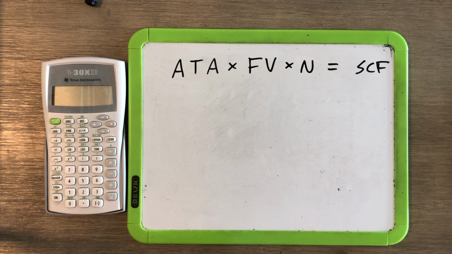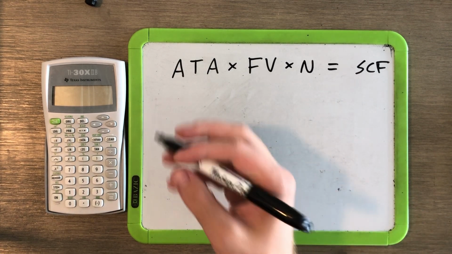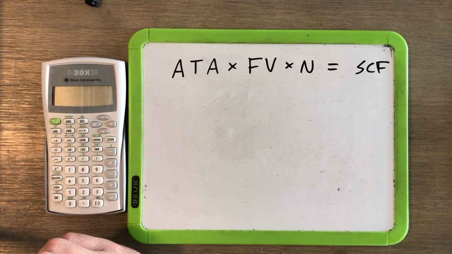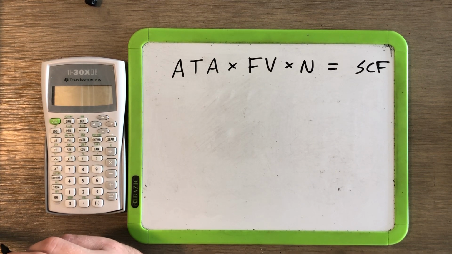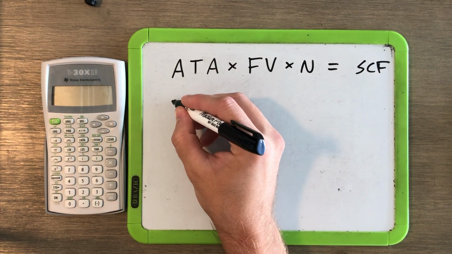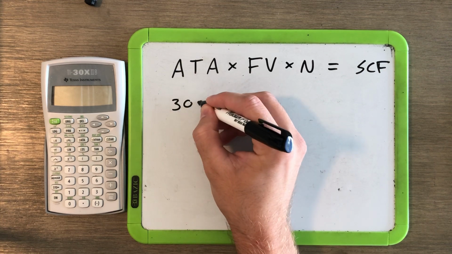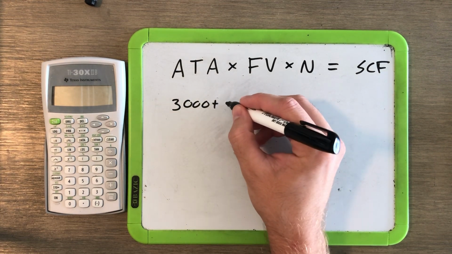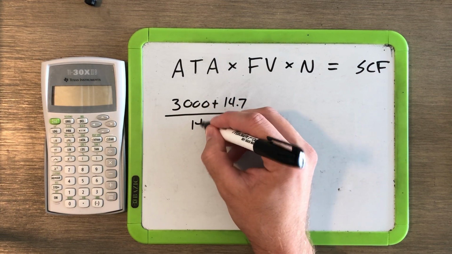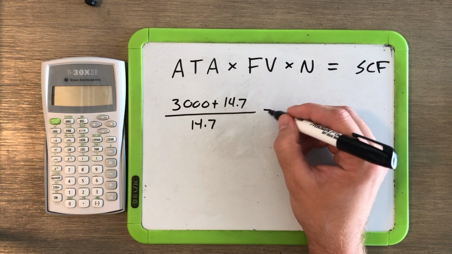So let's start off with an example of this. Say we have one rack of a Mark III lightweight diving system charged to 3,000 PSI. We're first going to do our PSIG conversion. So we know that we have to do 3,000 plus 14.7 over 14.7 to give us our ATAs.